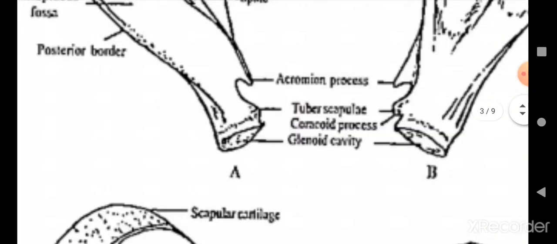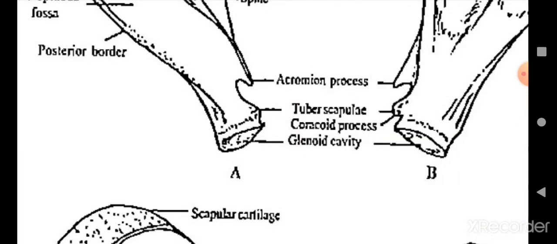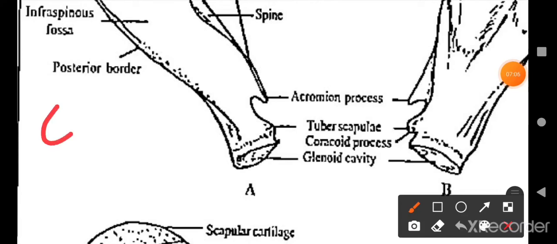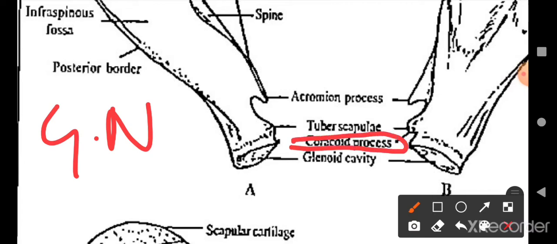At the anterolateral side of the glenoid cavity, there is a notch known as the glenoid notch, and above the glenoid cavity, a small bony tuber is there, known as the tuber scapulae. On the medial side of the tuber scapulae, there is a small process known as the coracoid process.